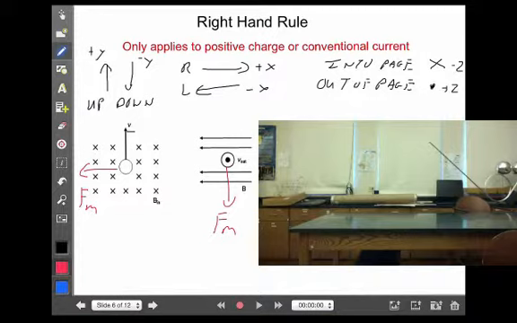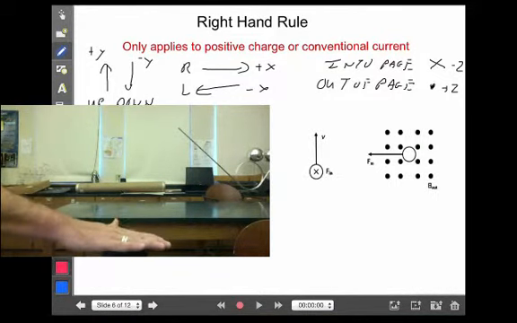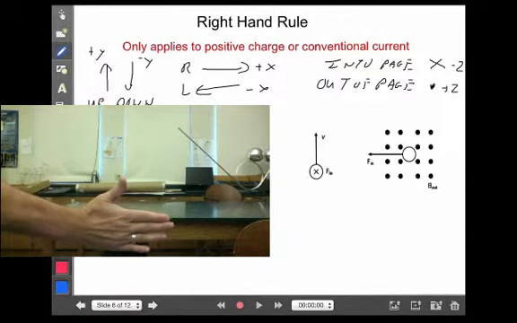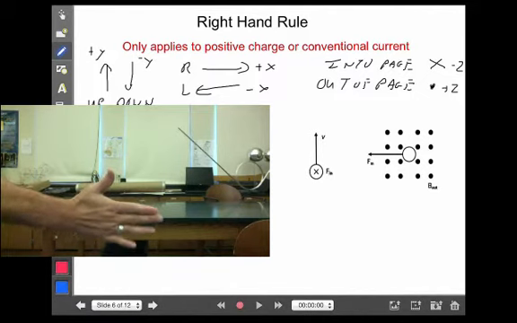Starting to see it a little bit? Maybe not. It does take a lot of practice. Now, for my next one, my velocity is pointed up, and at the same time, I'm having to push into the paper. So the missing thing here is actually my fingers, my magnetic field lines.